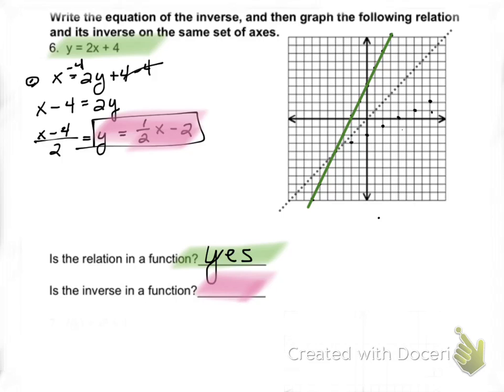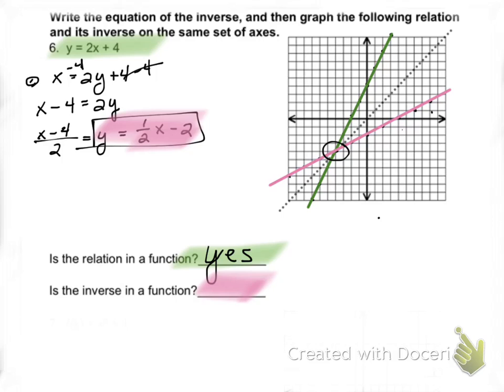And so hopefully you'll start realizing these things and be able to catch yourself where you make mistakes. So let's look. We're going to put this line on there in pink, and it's going to go through these points. And notice that we have an intersection right on the line y equals x, so that indicates that we probably did find our inverse correctly.